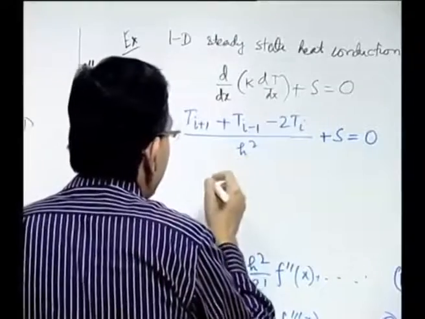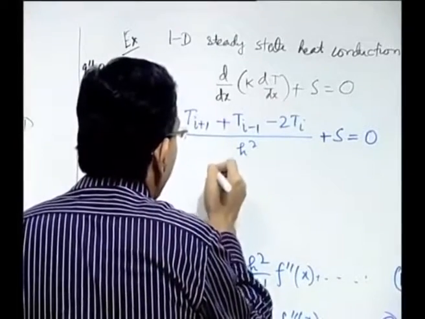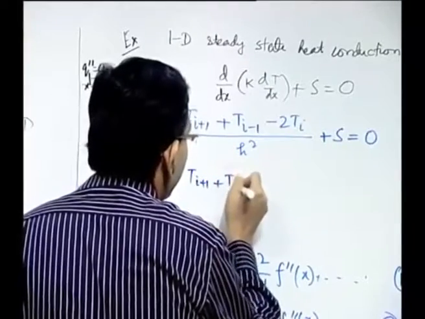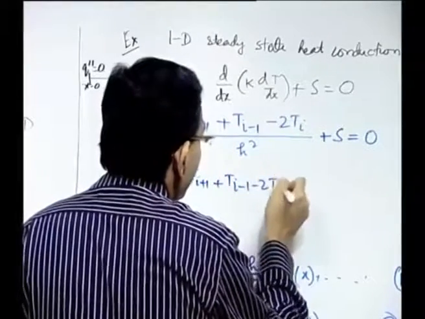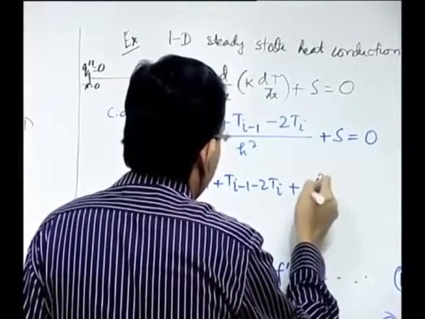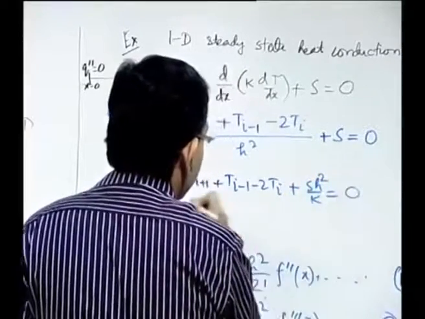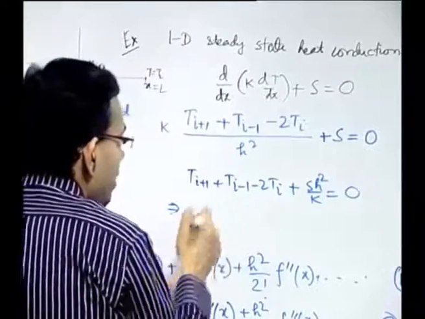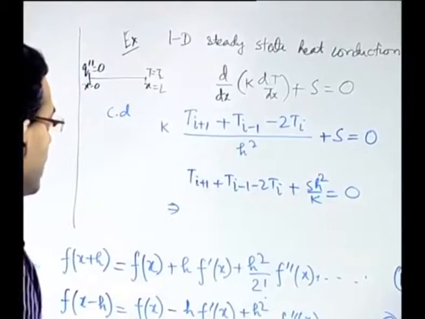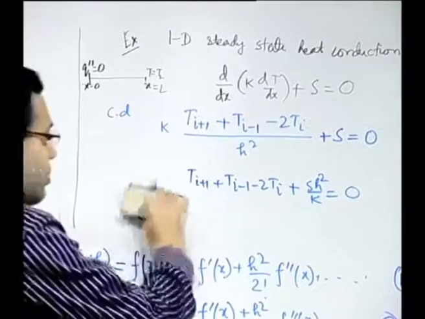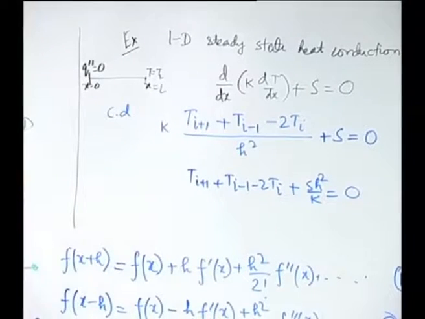So, from here you can write T i plus 1 plus T i minus 1 minus 2 T i plus S h square by k is equal to 0. So, you have an algebraic equation involving T i plus 1 and T i minus 1.